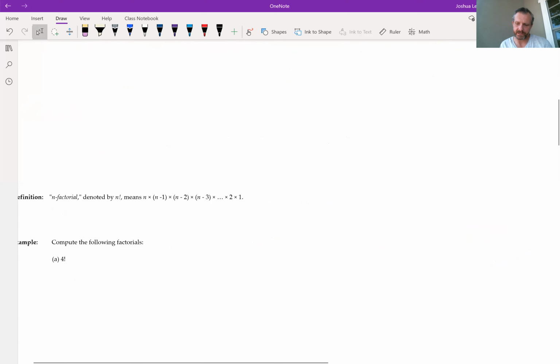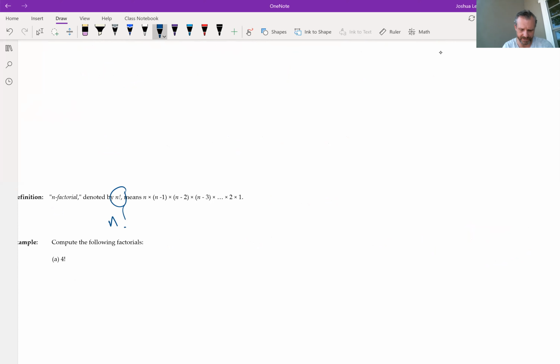So what we've just discovered is this thing called the factorial. In factorial, the notation is N with an exclamation point. That doesn't mean N with gusto and great enthusiasm. It means N times N minus 1 times N minus 2 times N minus 3 and so on.